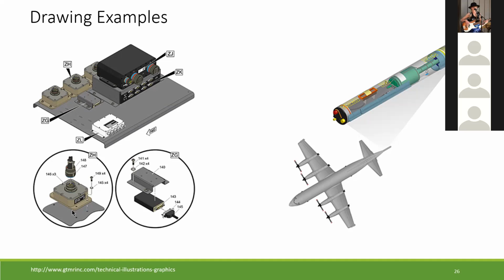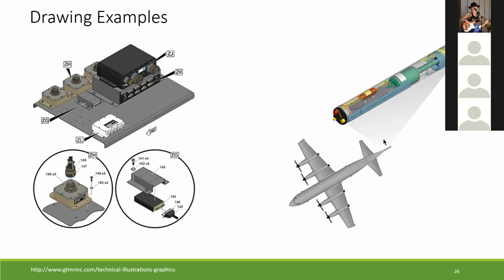You can see on the bottom left, it's a little bit of an exploded view where you're showing how different things connect. Same thing on the bottom right. There's a lot of different things that you can do because it's a technical illustration that makes it very easy to represent.